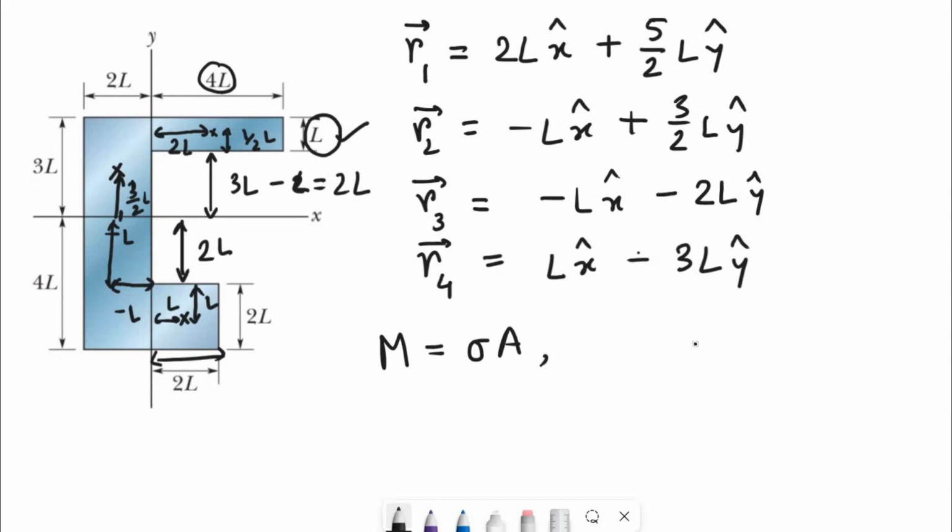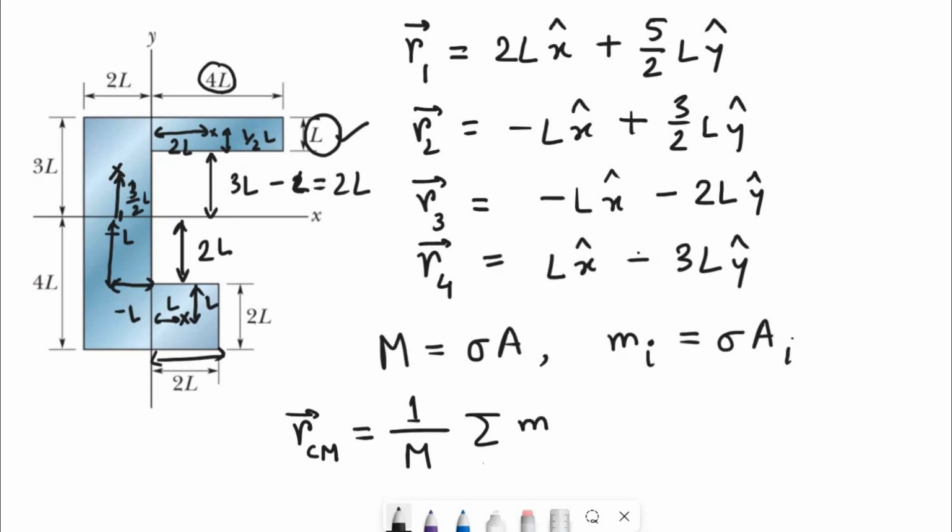And the masses of the individual ones, let me denote that by Mi, is sigma times Ai. From the definition, the center of mass is 1 over the total mass times the sum of Mi Ri.